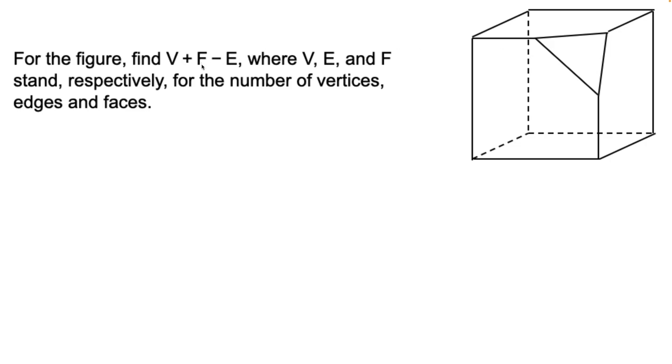So 10 plus 7. How many edges? 1, 2, 3, 4, 5 on the top, 6, 7, 8, 9, 10, 11, 12, 13, 14, 15. So what do we have so far? 10 plus 7 minus 15. 10 plus 7 is 17, minus 15 is 2. So v plus f minus e is again 2, even if it is not a regular polyhedron.